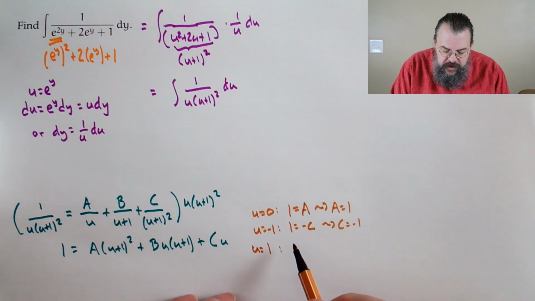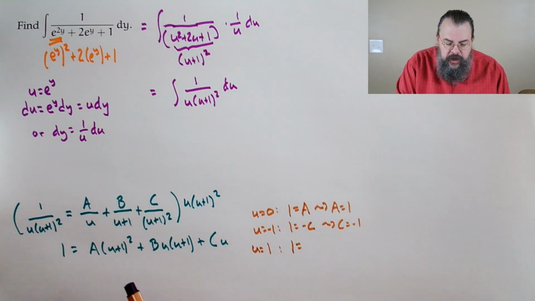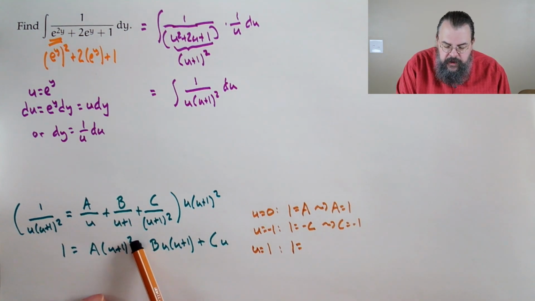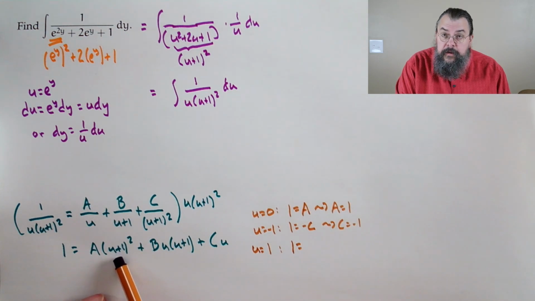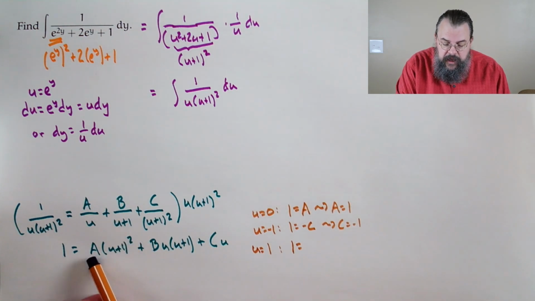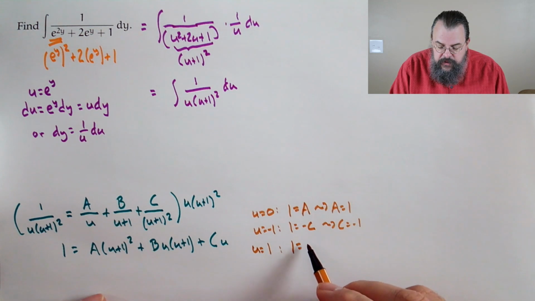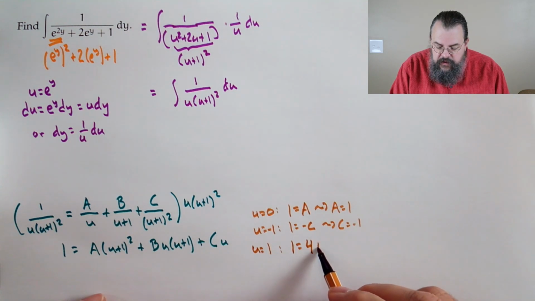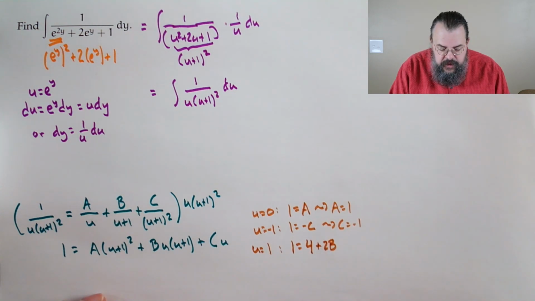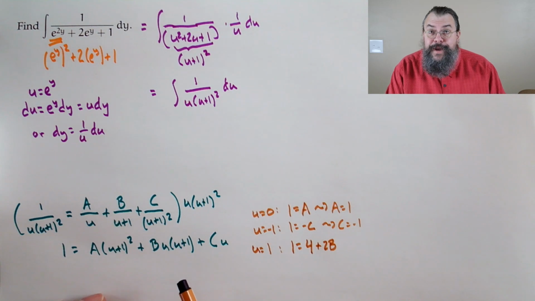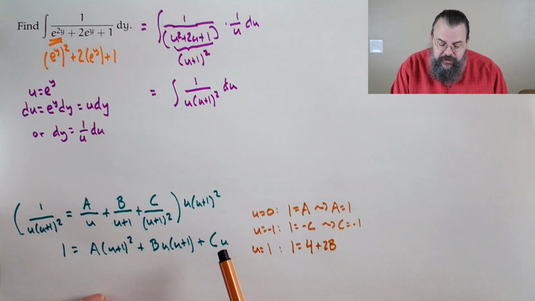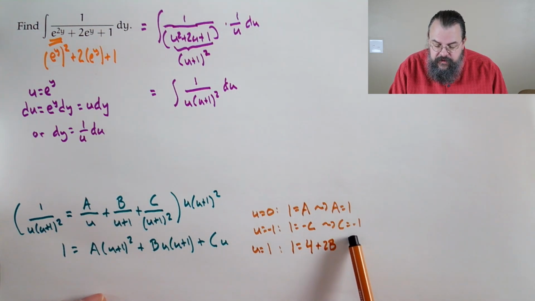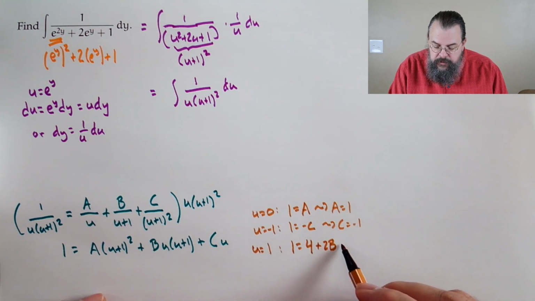We get 1 equals, here it'll be 1 plus 1 squared, which is 4, 2 squared is 4, times A. We know what A is, so 4. Here we're going to get B times 1 times 2. So that is 2B. Or is it not 2B? No, it is 2B. And then we're going to get plus C. But wait, we know what C is. C is minus 1. So minus 1.